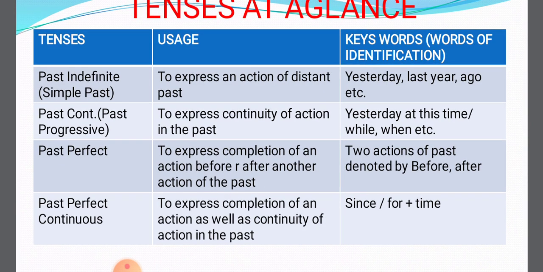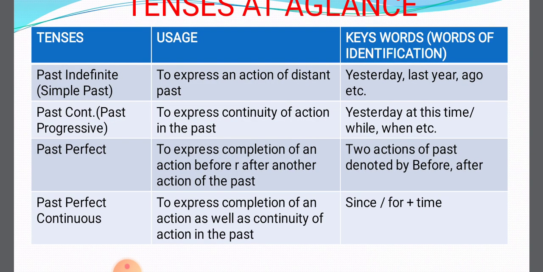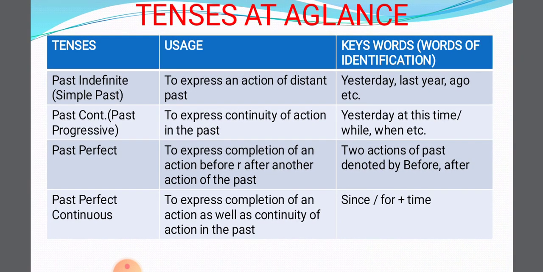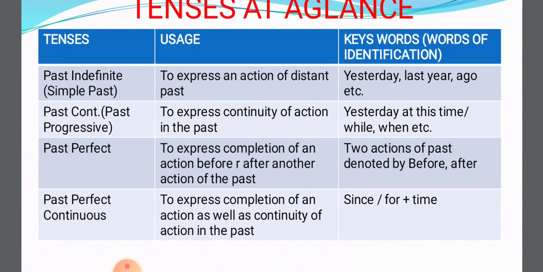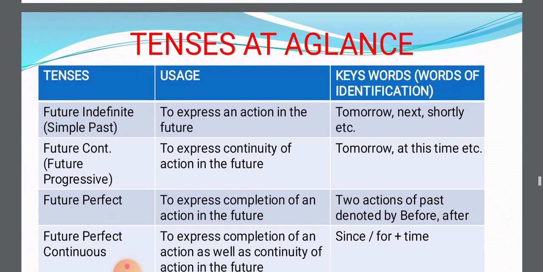See, in present perfect continuous, action started in the past but it is continuing till now, isn't it? But in case of past perfect continuous, action started in the past and was continuing in the past within a specific time period. That's why since, for plus time will be used. I will give some more examples in my next slide.